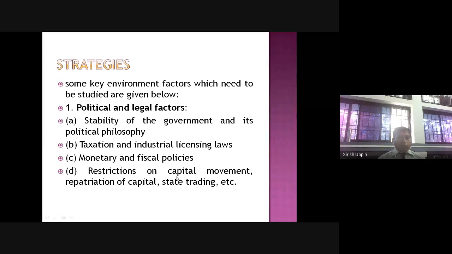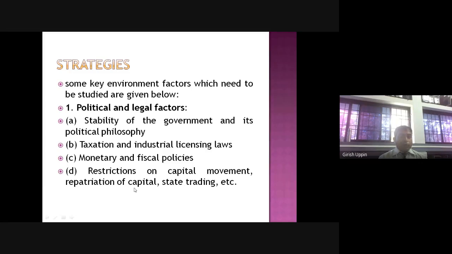So if the government imposes any restriction on the capital movement, the capital, in simple terms, is the total money that you have. How easily can we move it around between different organizations? Repatriation of the capital.